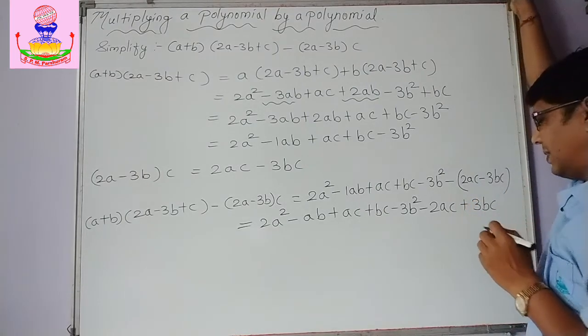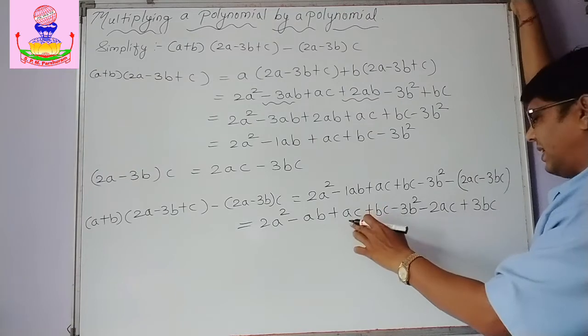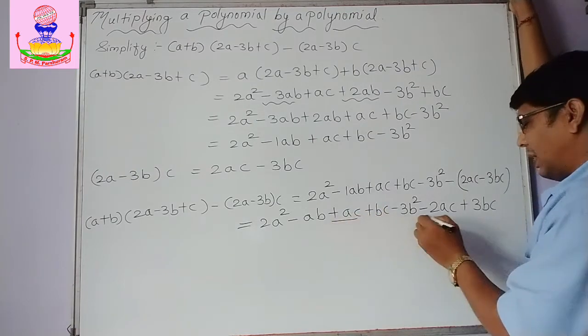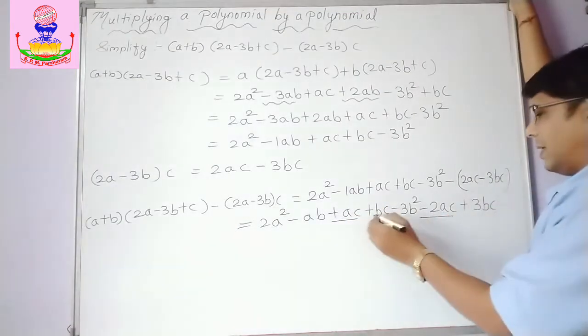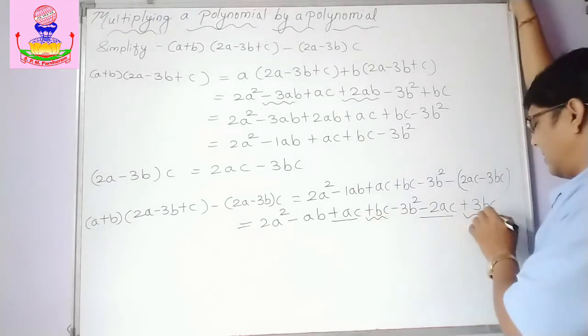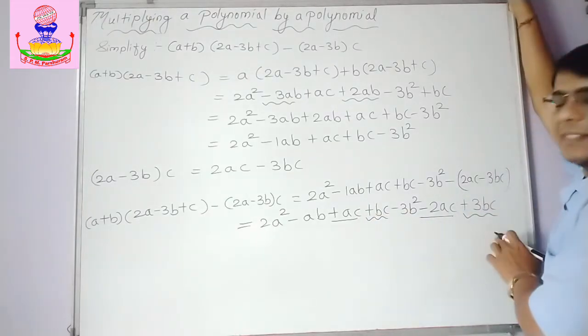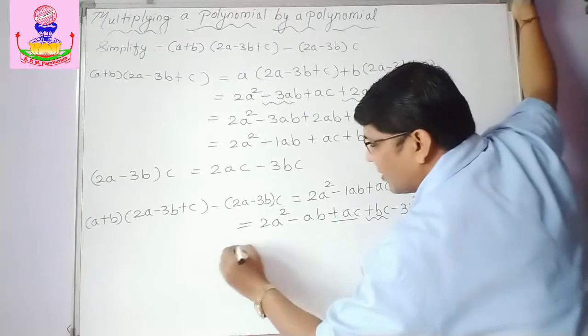Now see the similar terms, ac, ac. So these two are the similar terms, bc, bc. So these two are the similar terms. So bring them together.